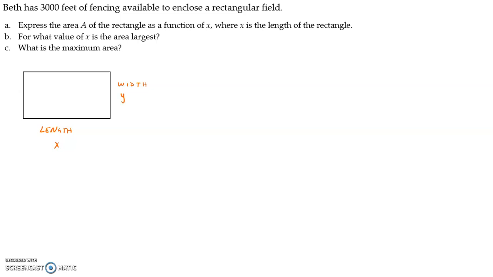So keep in mind what it means to express the area of a rectangle. Go back to your basic area formula for the rectangle, right? We have base times height. You could write it as base times height, or you could go ahead and write it as length times width, whichever one you prefer.